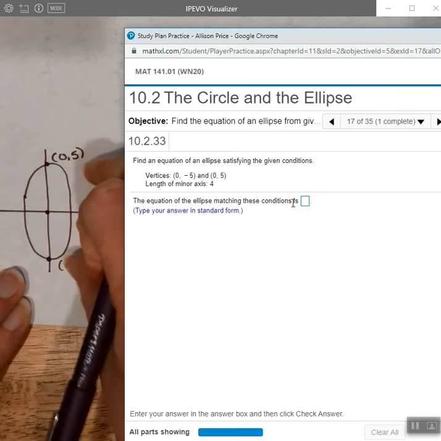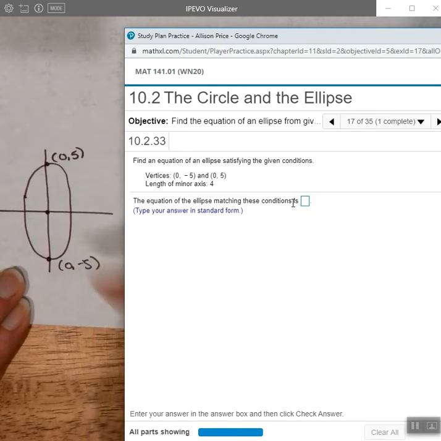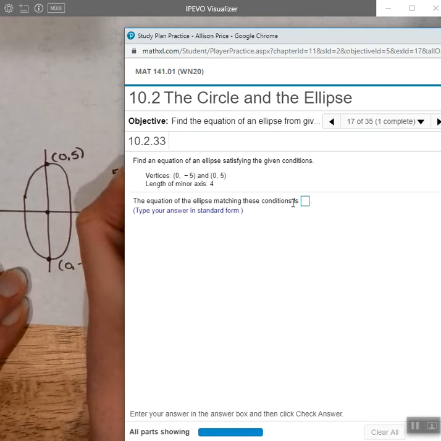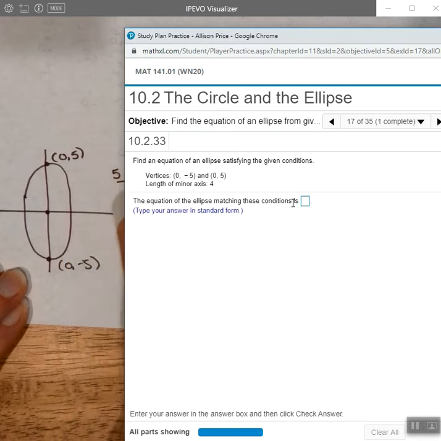Now how do I find the center? I average those. So I add them up and divide by 2. So 5 plus -5 divided by 2, that's 0, divided by 2, so it's 0.